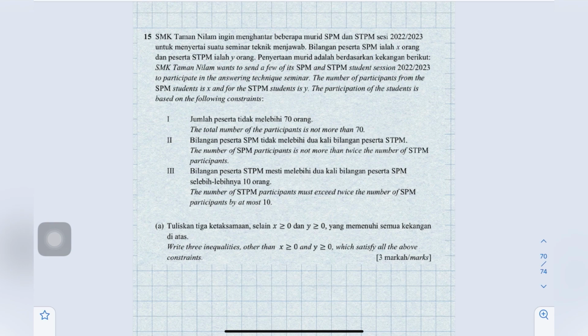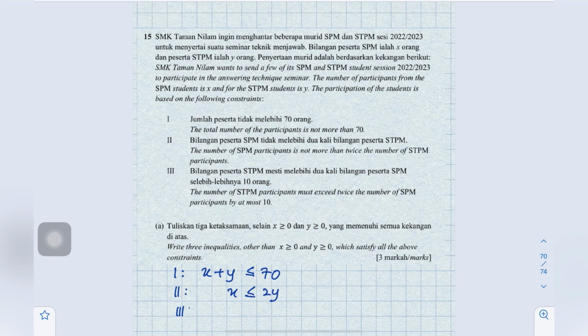For the first constraint, the total number of participants is not more than 70. So x plus y less than or equal to 70. The second one, the number of SPM participants, so x, not more than twice the number of STPM, so x less than or equal to 2y.